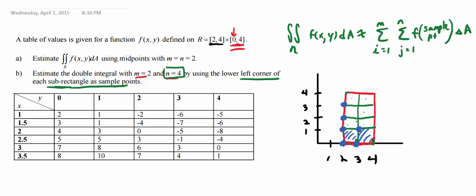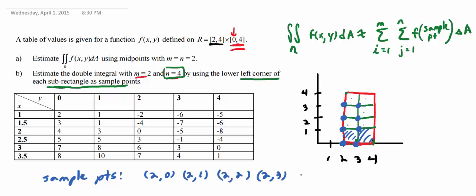That's 3, 0, 3, 1, 3, 2, and 3, 3. So our sample points are just what I said: 2, 0, 2, 1, 2, 2, 2, 3, and then 3, 0, 3, 1, 3, 2, and 3, 3.